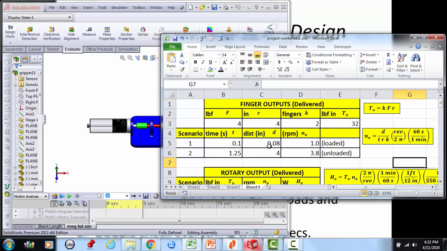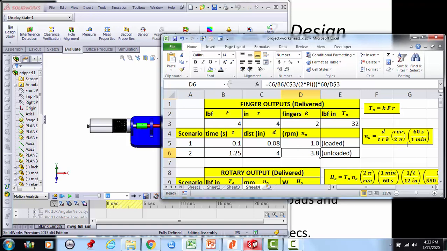Once it starts grabbing something, within 1/10 of a second we want to be able to move about 80 thousandths of an inch. Based on those two things, we can establish what the speeds are. My speed on the unloaded configuration is going to be that distance divided by the time, divided by the radius, and then divided by, of course, 2, the number of fingers.